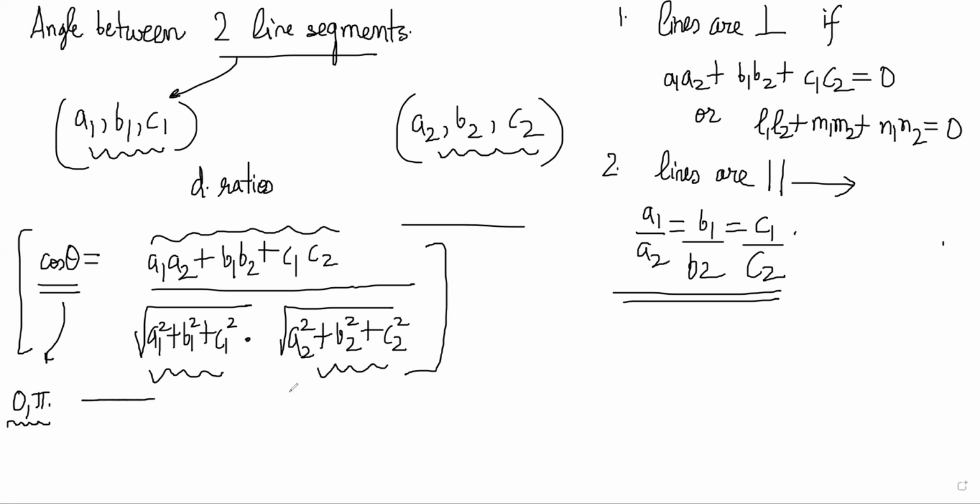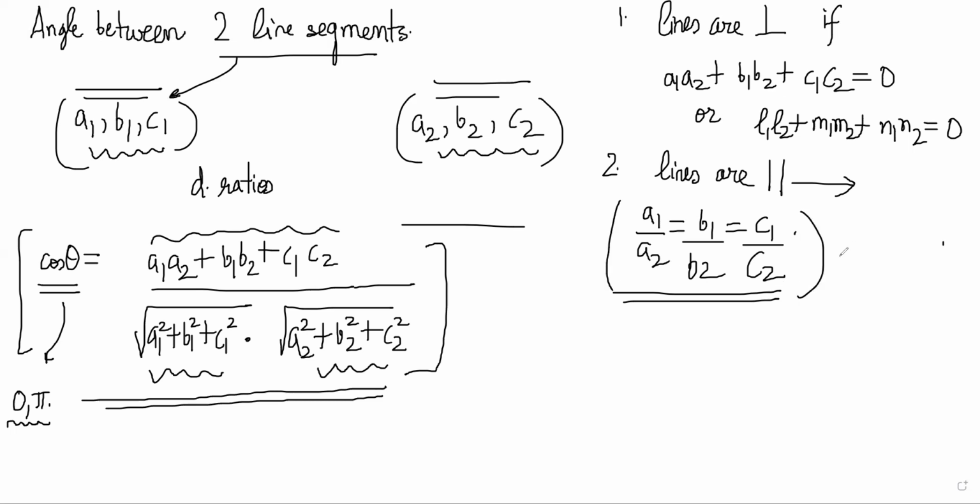I'm asking you for the proof of this from here. How are you talking about l1 is equal to l2 and all? You are given direction ratios, which are different values, and you have to prove that the lines are parallel. Why is this the condition for being parallel?